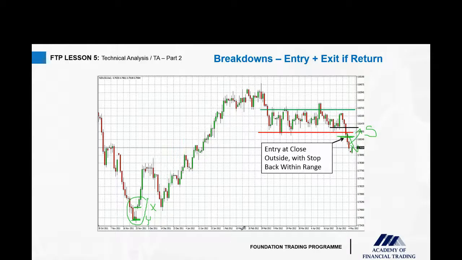I think the easiest way to explain this, we'll use an analogy again. Forget about this market being NZD-USD. Imagine this chart was simply showing, we'll go back to property, domestic property prices in your area. That's all it was showing.